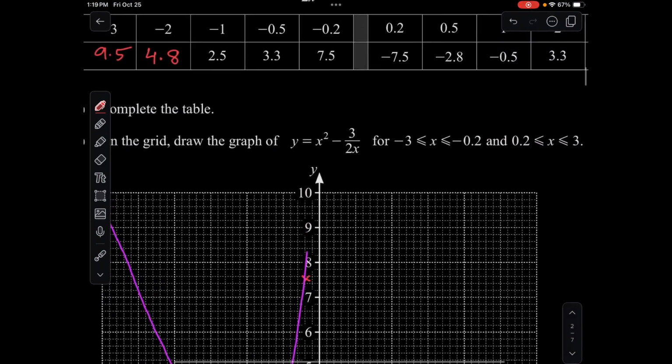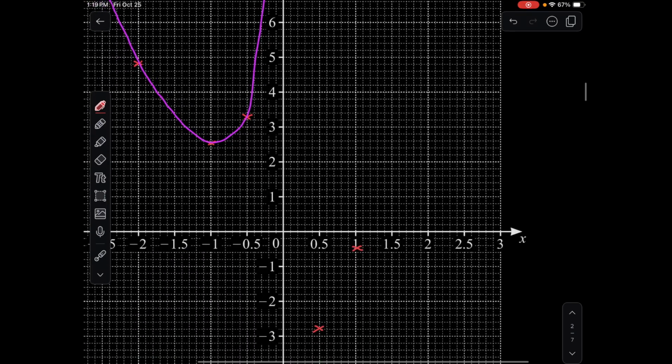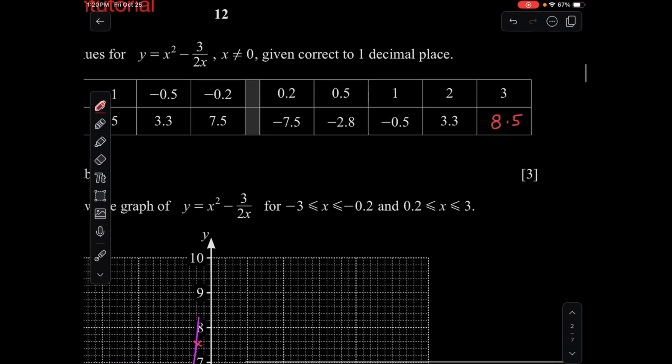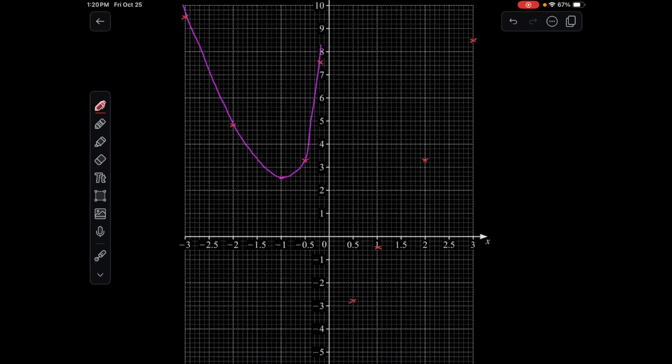Keep in mind the scales for x and y are different, so be sure that you're marking the points at the right place. For 2, it's positive 3.3, over here, somewhere in between. And then for 3, it is 8.5, 8.2, 8.4, 8.5.